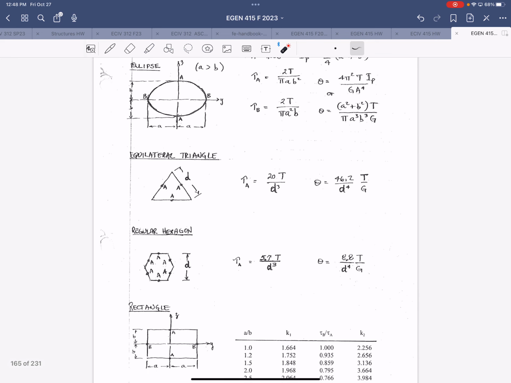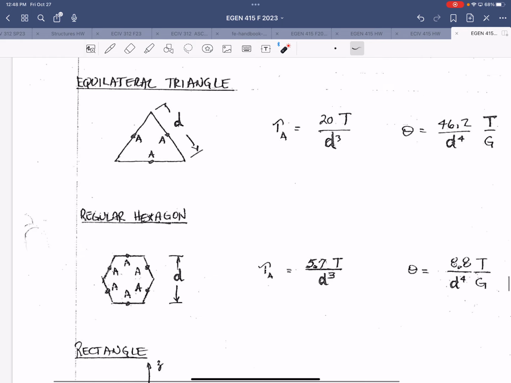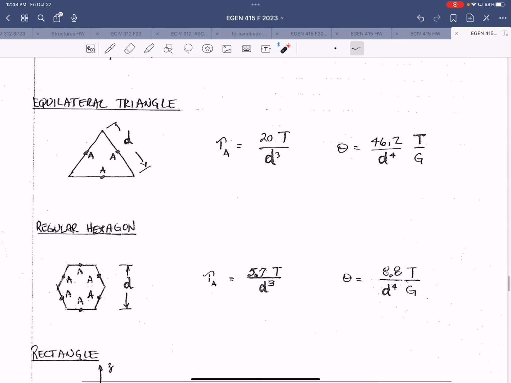For the triangle, I think the triangle is a little more interesting. So here, remember the membrane function we defined as having 0 elevation at the boundaries. So that means there's not going to be any shear stress in any direction at a sharp external corner.